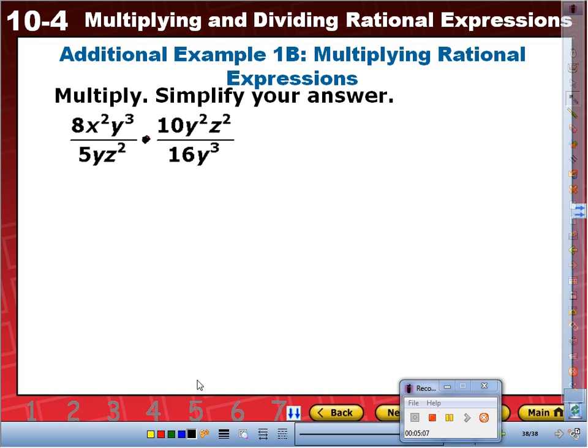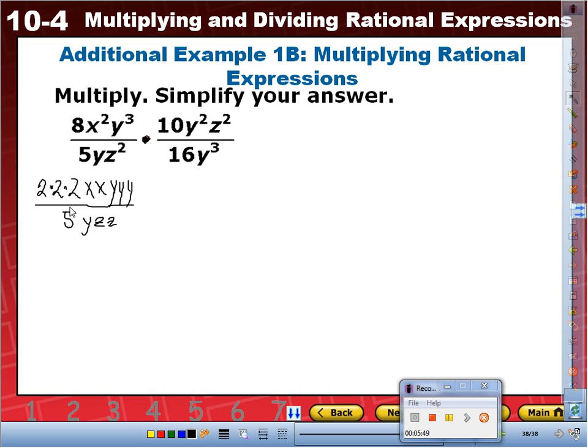Here we go. So, look at the first fraction. Can we factor out the numerator? Yes. The 8 becomes 2 times 2 times 2, x, y, over 5y z.